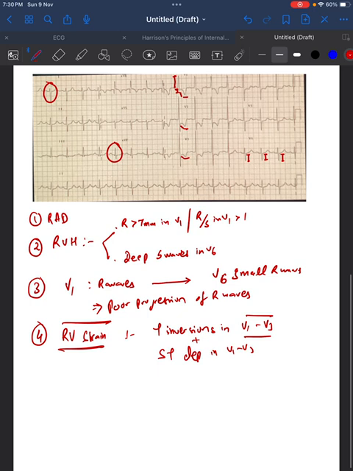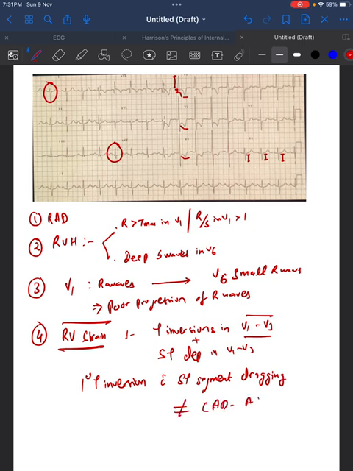These do not indicate MI in the patient because these are not primary ST depressions. They are primary T inversions with ST segment dragging. One should not confuse these with coronary artery disease or acute coronary syndrome.